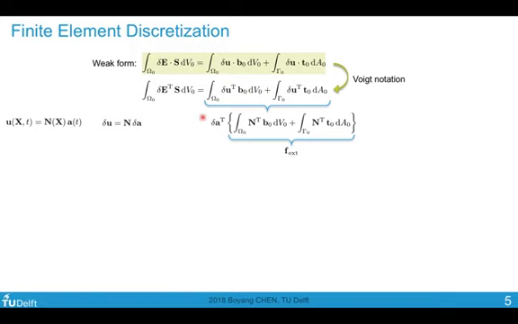So the objective here is to sort out the delta A transpose, so that on the left-hand side we are left with F internal. And to do this, we need to work on the variation of E, which is our Green-Lagrange tensor. And the variation of E is related to the deformation gradient. So let's first work on the deformation gradient F. F is I plus partial U over partial X. The variation of F is simply a variation of this expression.